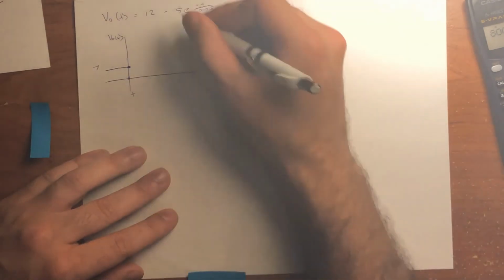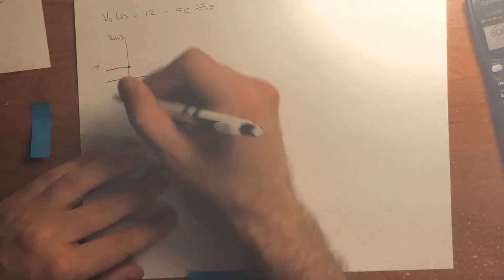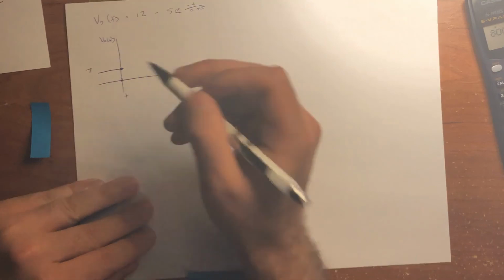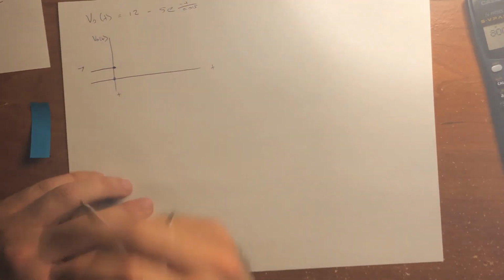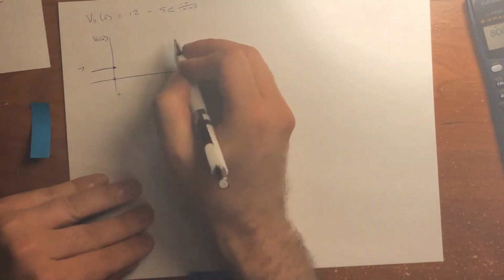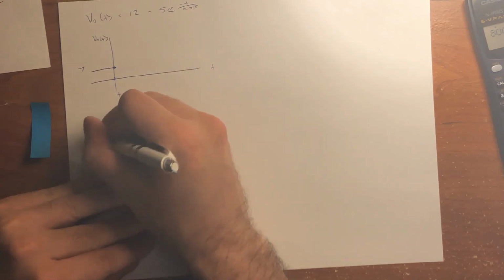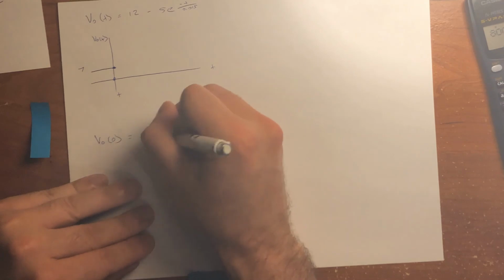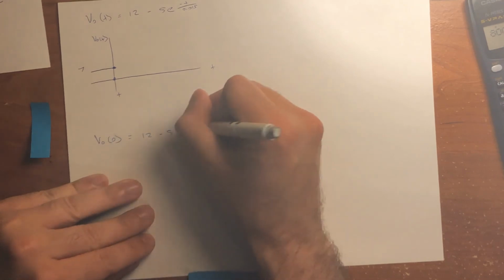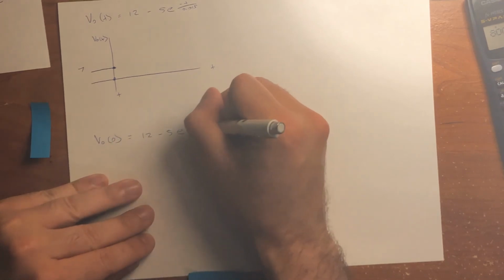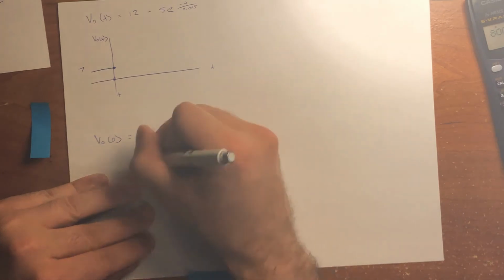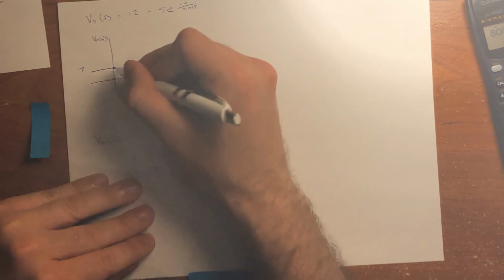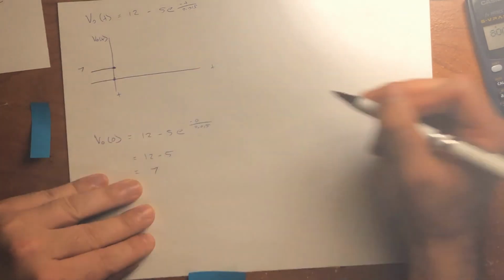We know it's at steady state, which we calculated from before. To show that in the equation, v naught at 0 is 12 minus 5e to the negative 0 divided by 0.015. This becomes 12 minus 5, which is 7, all the way across steady state.